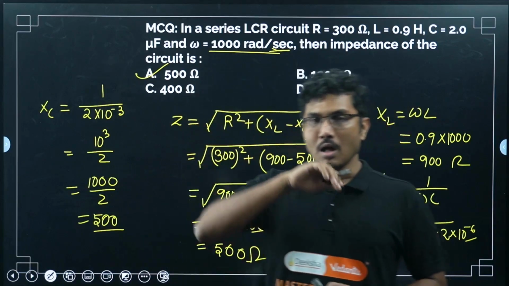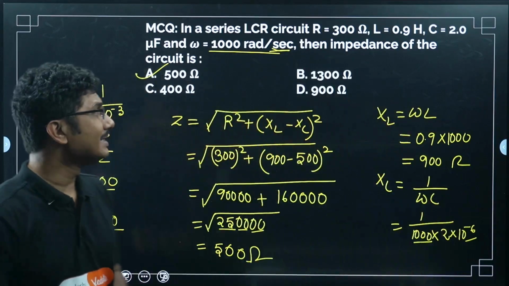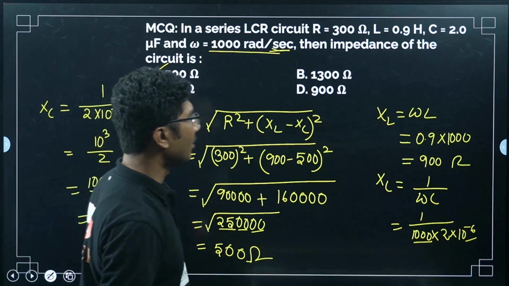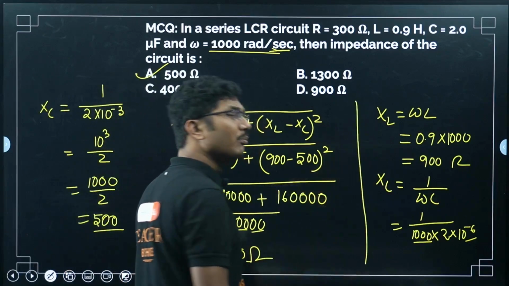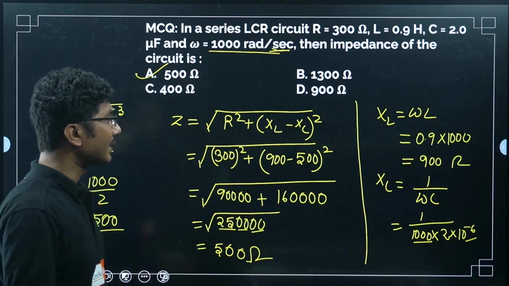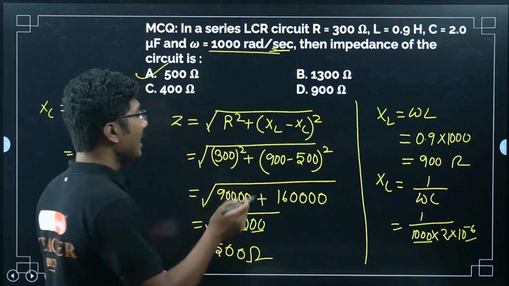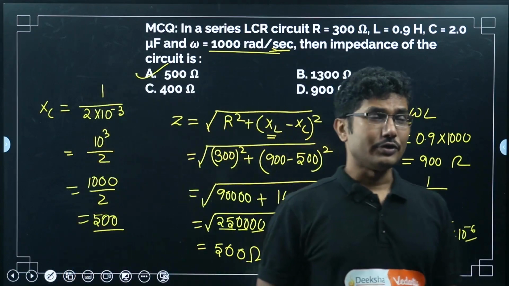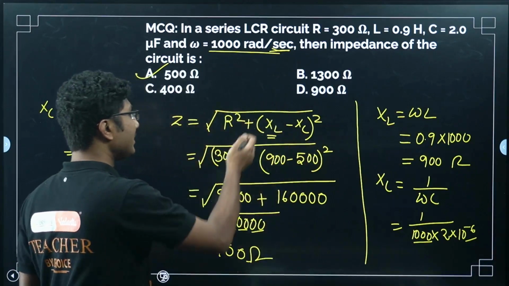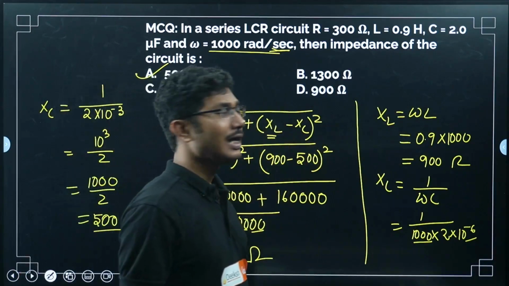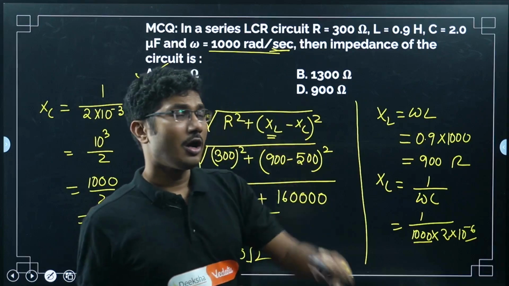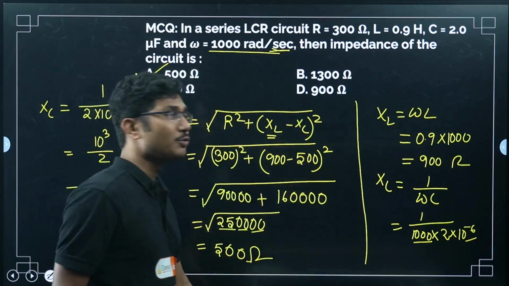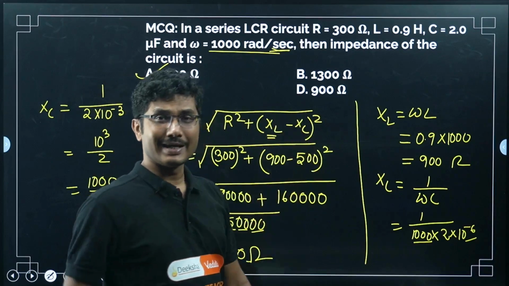Simple problem, very simple and easy problem if you know how to solve this. Now, in some books and during some of the calculations, you might find that XL is less than XC. In this formula, we received that XL is greater than XC. In your textbook, you might find XC is greater than XL.